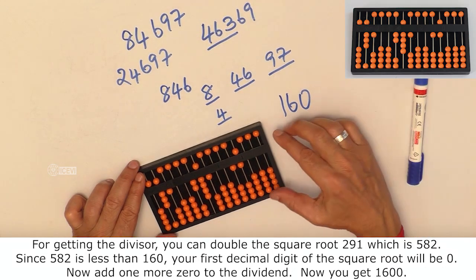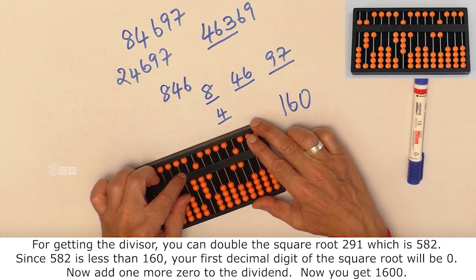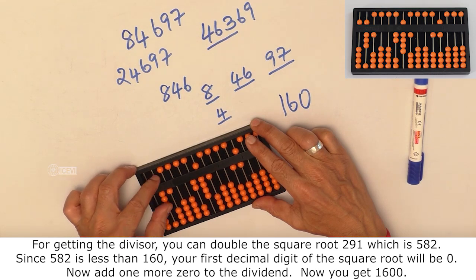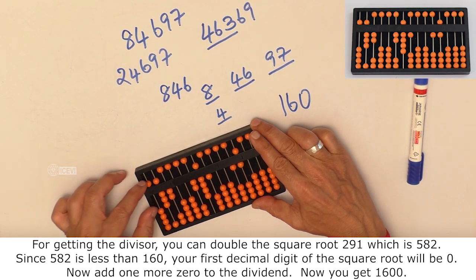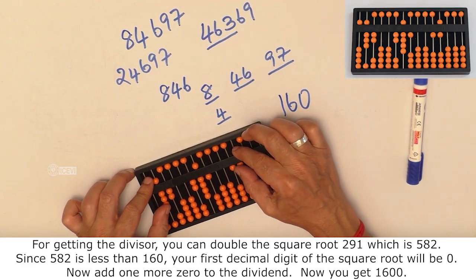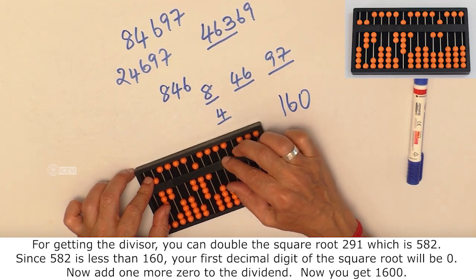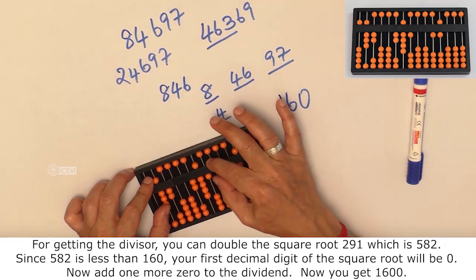For getting the divisor, you can double the square root 291, which is 582. Since 582 is greater than 160, your first decimal digit of the square root will be 0.